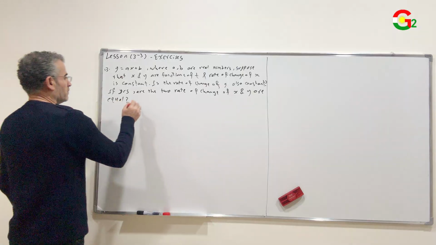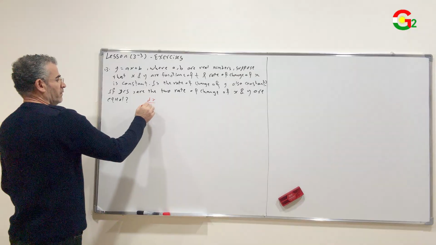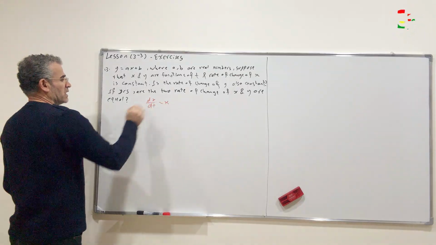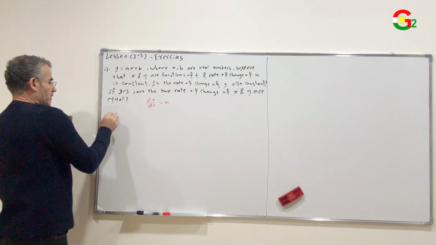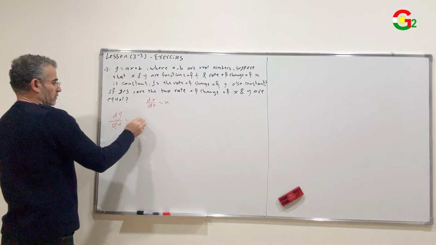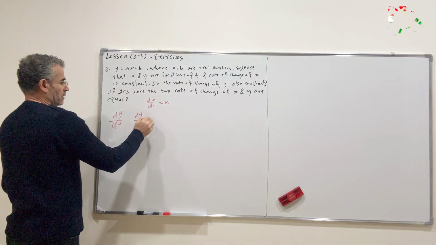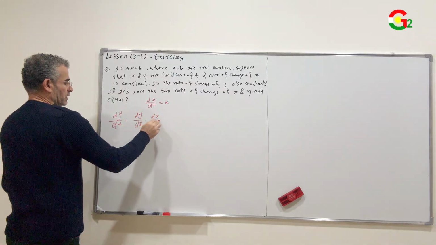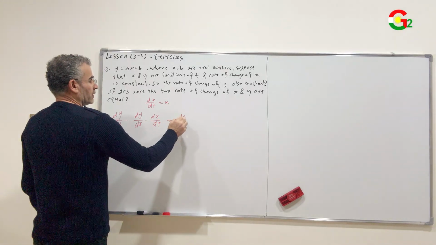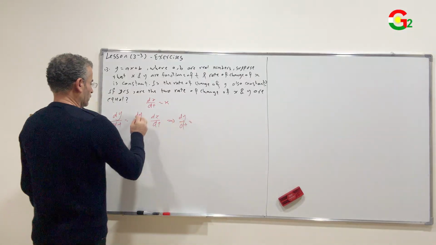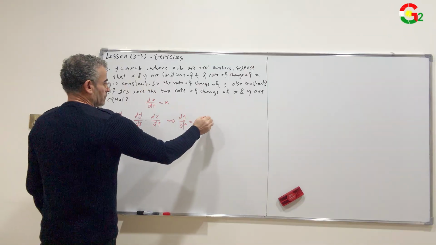Let us see. Suppose that the rate of change of x with respect to t is constant, equal to k. dy over dt equals dy over dx times dx over dt by chain rule. Then dy over dt, the rate of change of y, equals a times k.